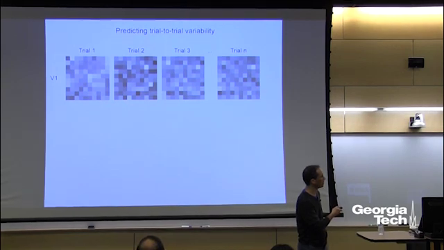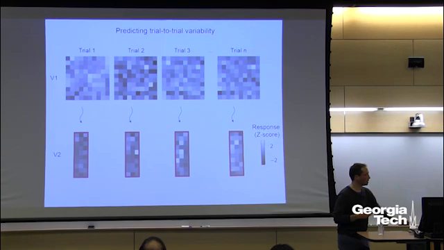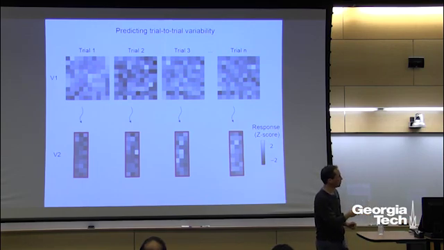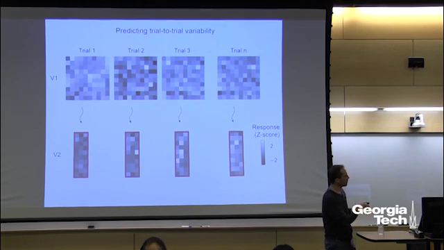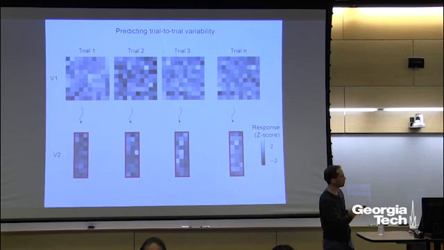Each square is a V1 neuron. And you can see how the population response varies on each trial. Of course, while we're doing this, we have the same thing in V2, where we record, in that case, on the order of about 30 neurons. And so what we'd like to do is leverage the fact that V1 is doing a different thing on each trial, and so is V2, and to try and understand what aspects of this response can be related to fluctuations in V2.